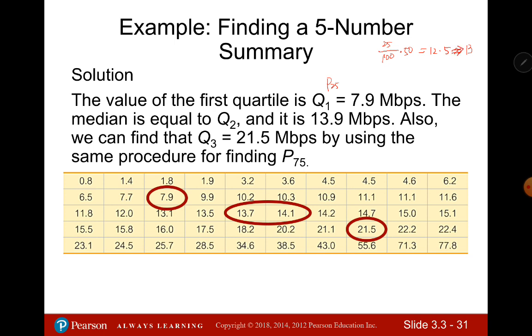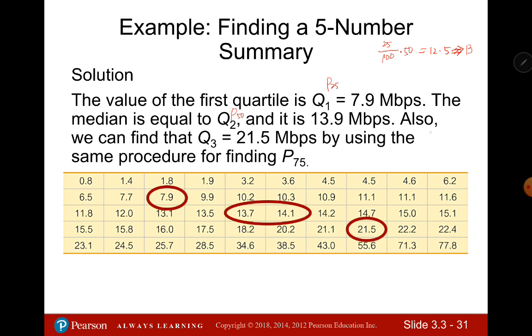So it's the 13th. So 10, 11, 12, 13th. So Q1 is 70.9.